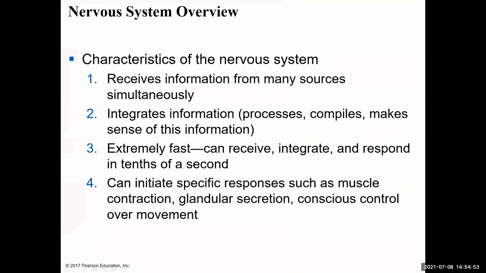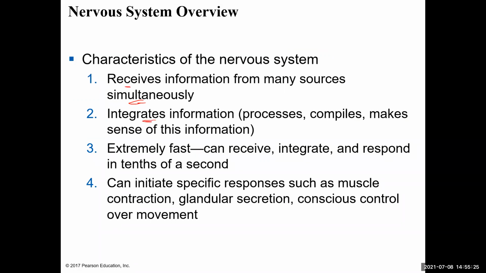So some general characteristics of the nervous system: one, the nervous system receives information from several different sources, and it's receiving this information simultaneously. So there's all kinds of stimuli and electrical signals being sent to and from the nervous system at any given time. And the job of the nervous system is to receive that information and then to integrate that information.